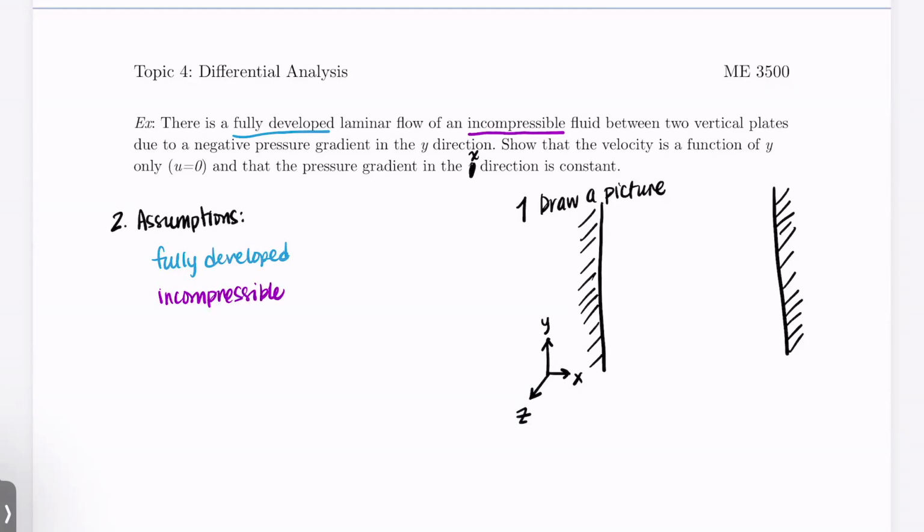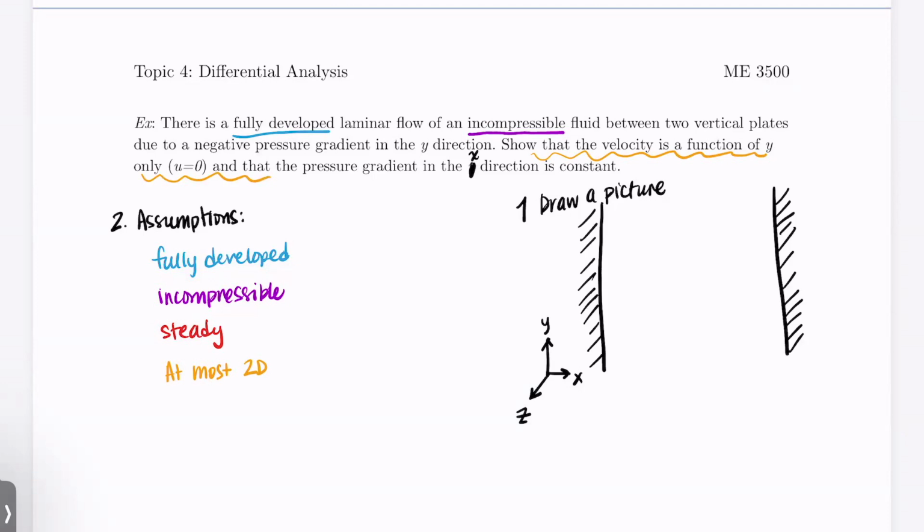And it's not written, but we're going to assume this is steady. Anybody think of another one that might be reasonable? Yeah, let's assume that this is at most 2D. This is already suggested to us by the statement to show the velocity as a function of y only.